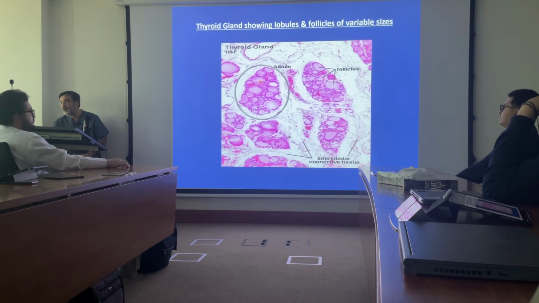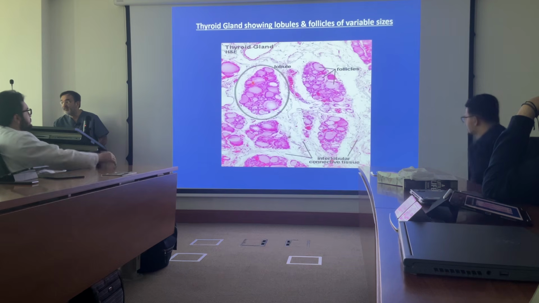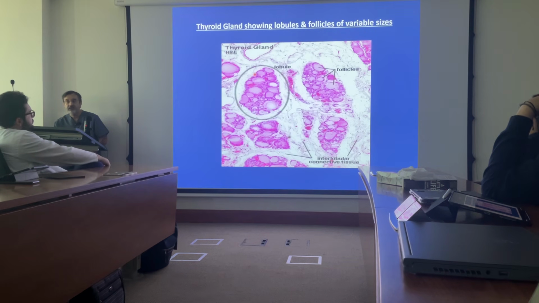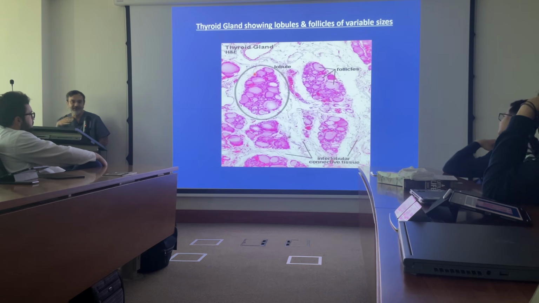These follicles have thyroglobulin inside them, and they are lined by a single layer of squamous or cuboidal epithelium. Simple cuboidal epithelium is one of the very rare sites where you would find it, and it lines the thyroid follicles.